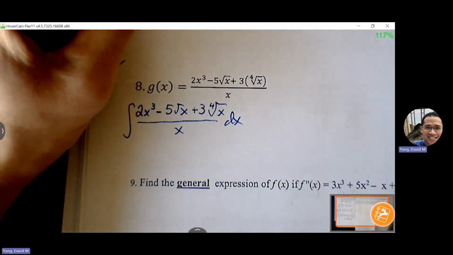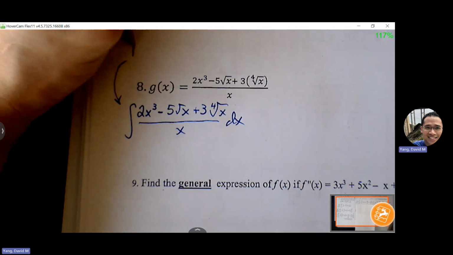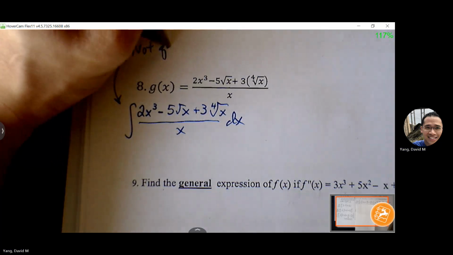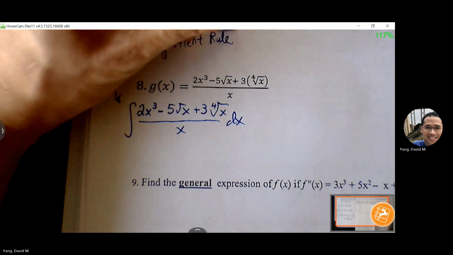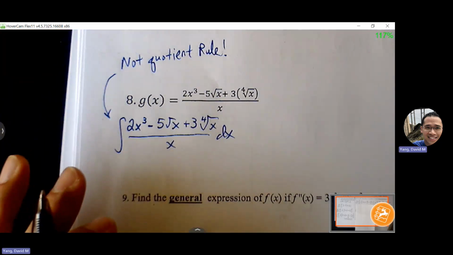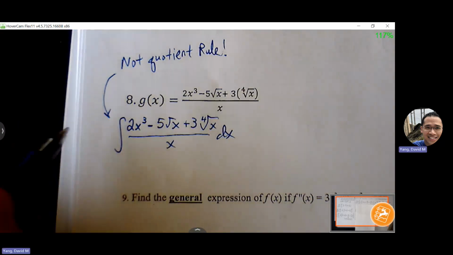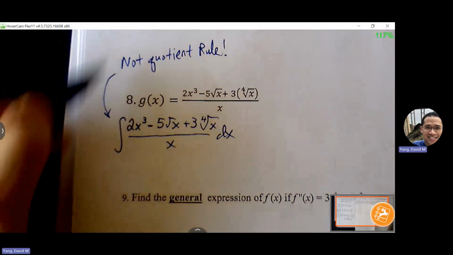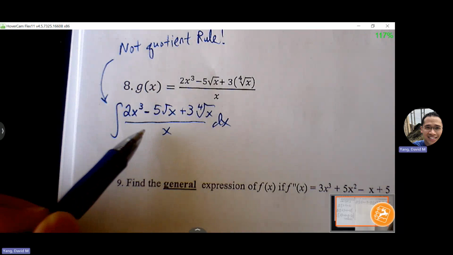So I see some students try to do quotient rule. Okay, so this is not a quotient rule problem. Quotient rule is for derivatives, not for antiderivatives. So we're not going to do f prime g minus f g prime all over g squared. That's first semester, right? If I ask you for the derivative of this, then you can do that, but not the integral. Integral, we have to separate.